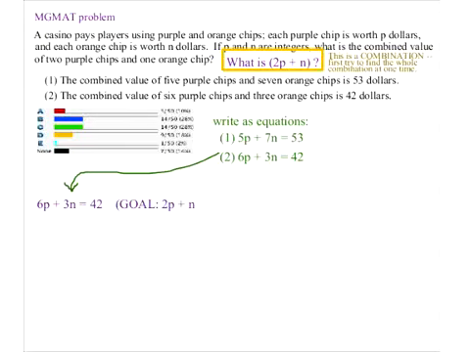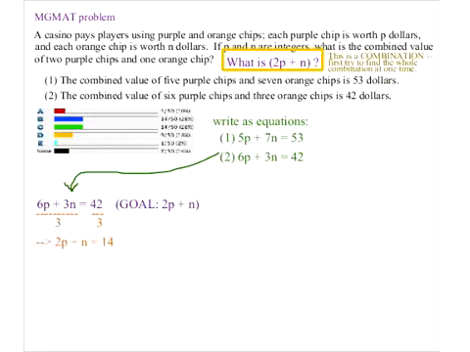So does anybody know what we can do to get to that goal from the given statement? If you do, go ahead and type in the text box. You can divide both sides by 3. So let's do that. If you divide both sides by 3, or you can factor out 3, Victoria is doing that. A couple of other people are doing that. Same sort of deal. So if you do that, then you wind up with 2p plus n is 14.